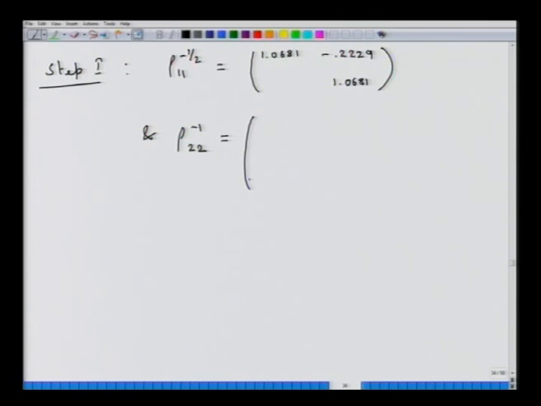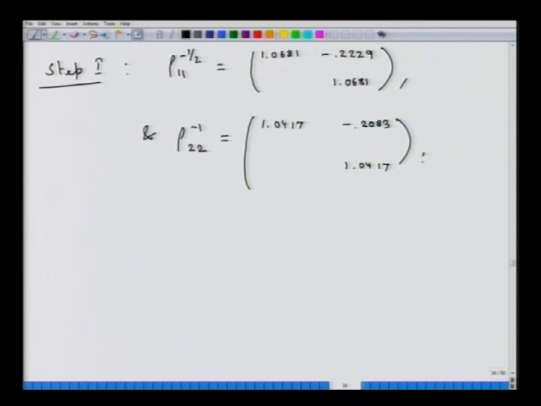So from the 2 by 2 rho 2 2 matrix, we can easily find out rho 2 2 to the power minus 1. So this turns out to be 1.0417, minus 0.2083, and this also is 1.0417.